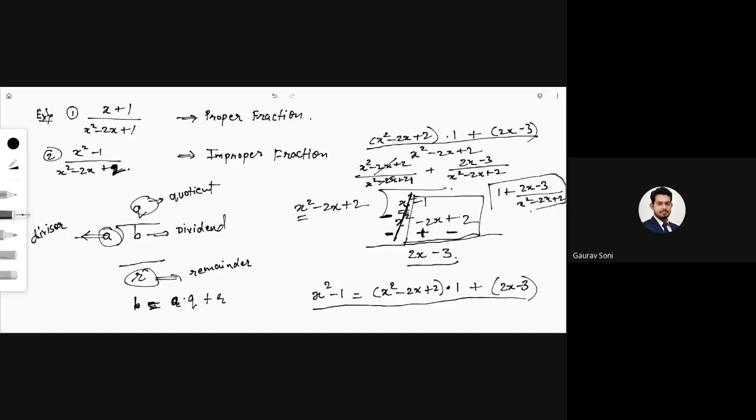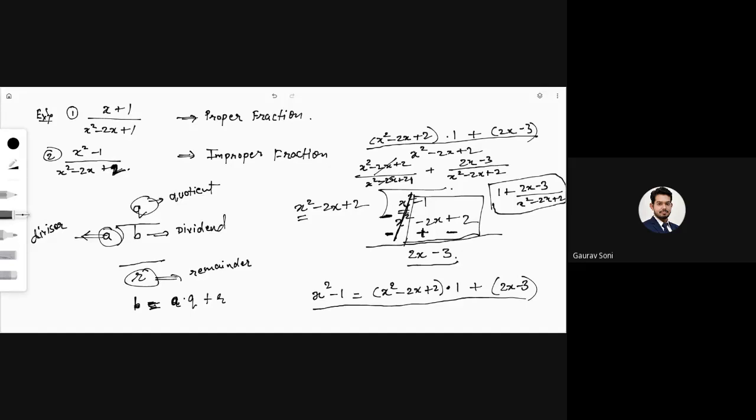Is it a proper fraction? Yes, sir. So I had an improper fraction, and by dividing it, I have converted it into a proper fraction. This is the same thing you have to do.